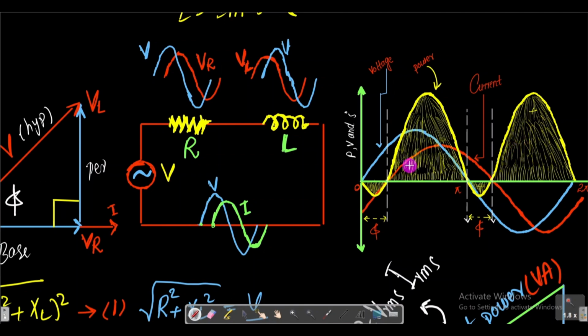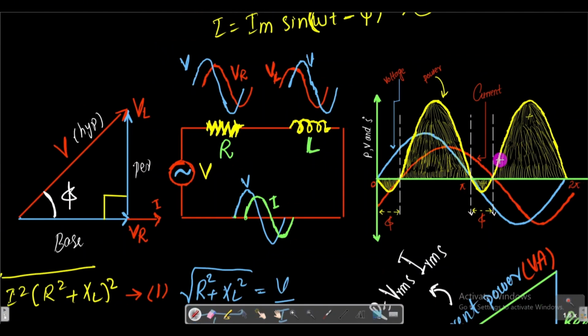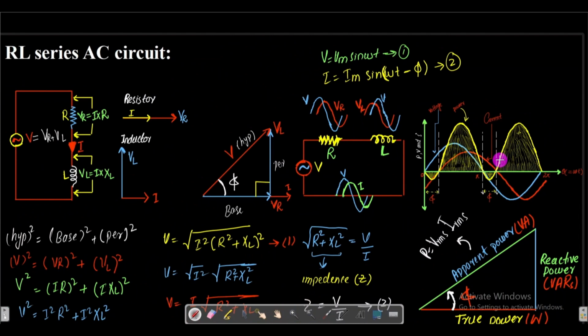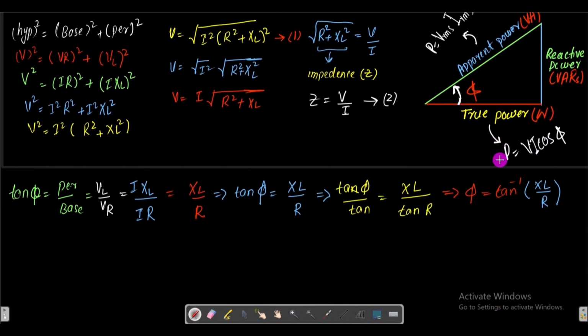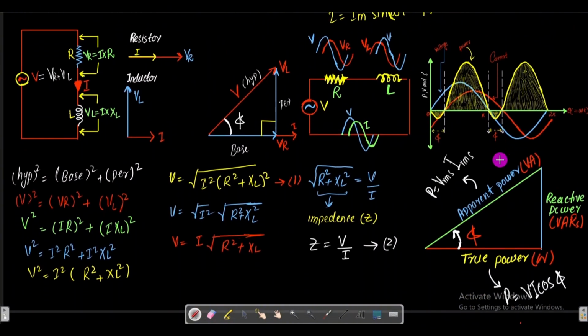Now we are going to determine the power factor. For that, let's consider this graph, which is actually for the power. On this side of the phasor diagram we have the voltage, and here we have the apparent power.